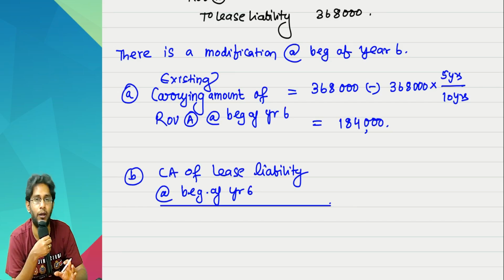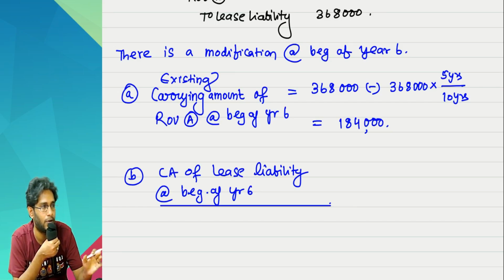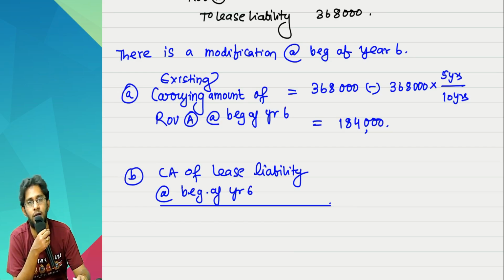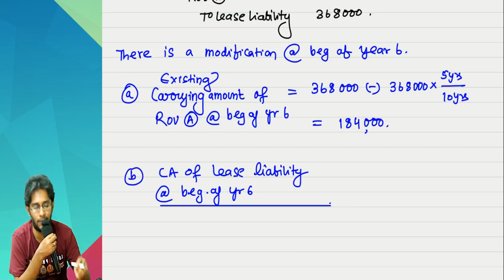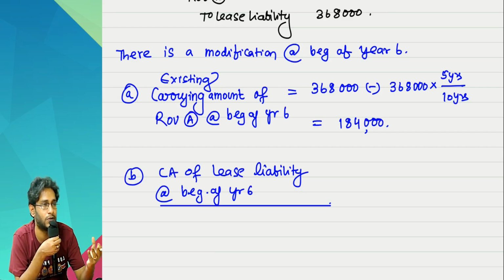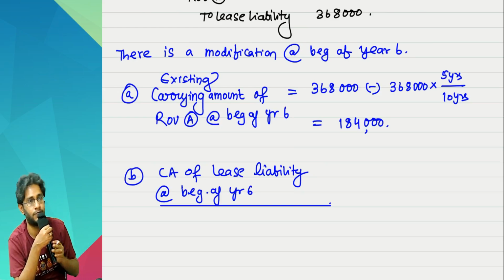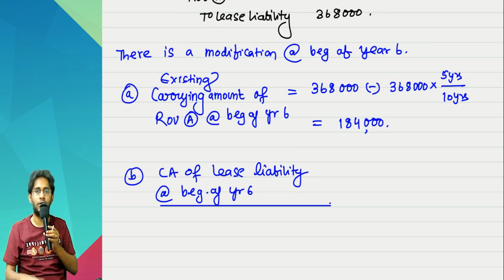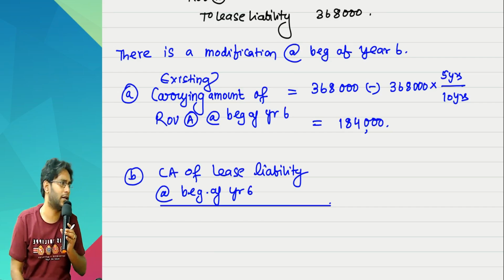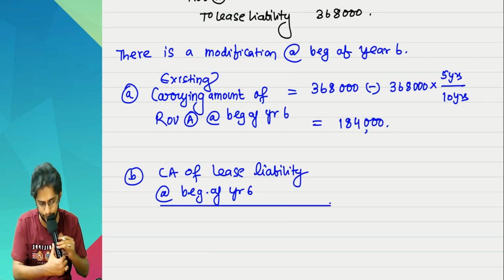See ma'am, prepare the ACM table for 5 years and write the closing balance. That is one way, but there is another smart way. If you apply the ACM method, the balance on any day will be equal to the present value of future cash flows discounted at the original discounting rate. Apply that, sir, and you get the answer in 1 line. Or if you prepare the ACM table, definitely the answer will be 100% the same.